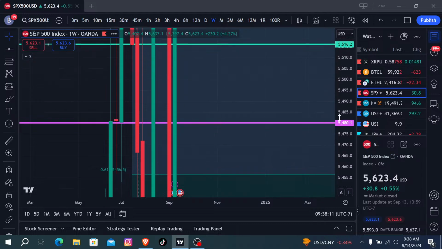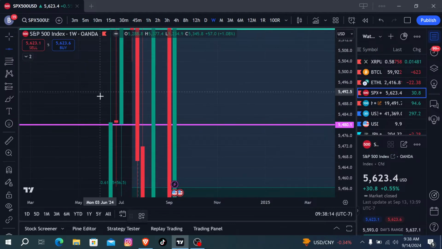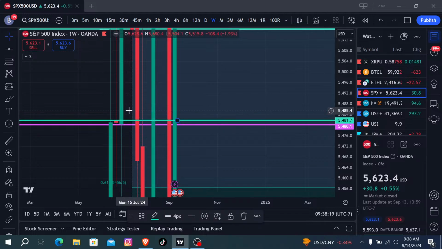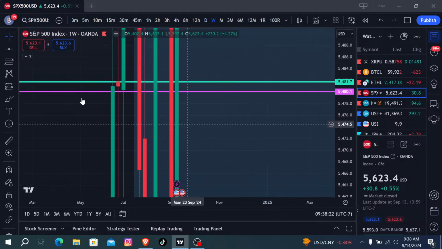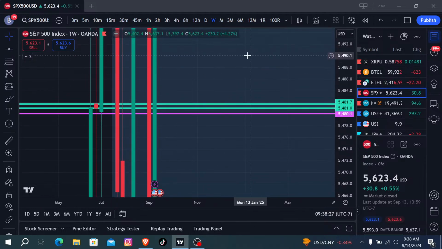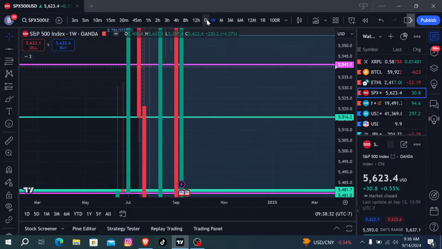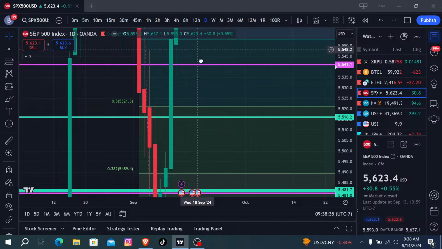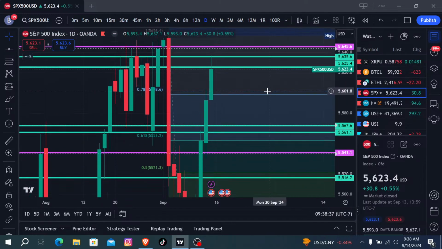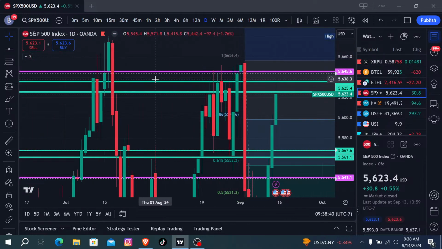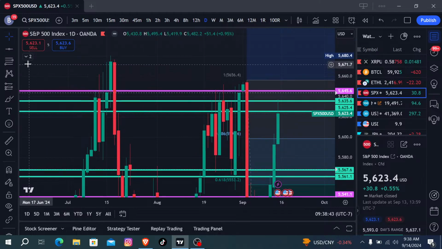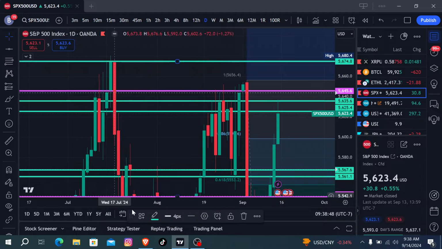All right, and then notice how it's really tight right here, but you go down to the daily, and again, this helped me mark down the resistance and support, especially the strong ones, which are the monthly, weekly, daily and 12-hour candle.